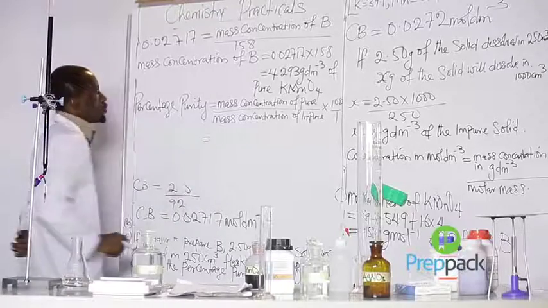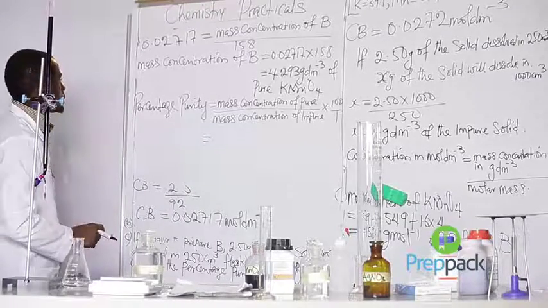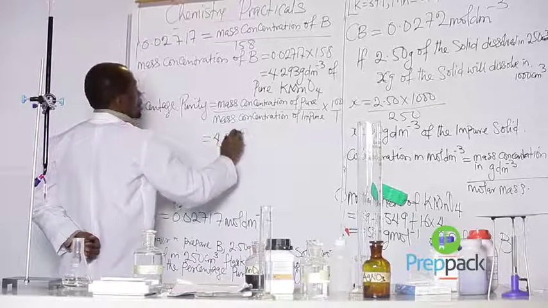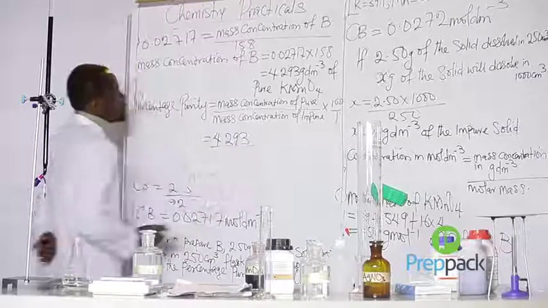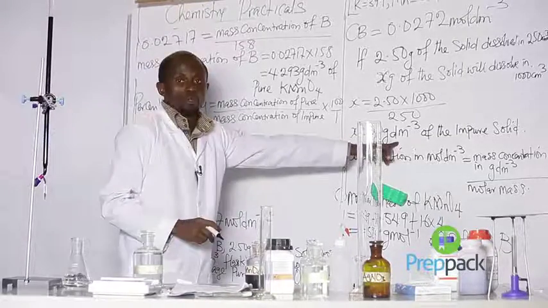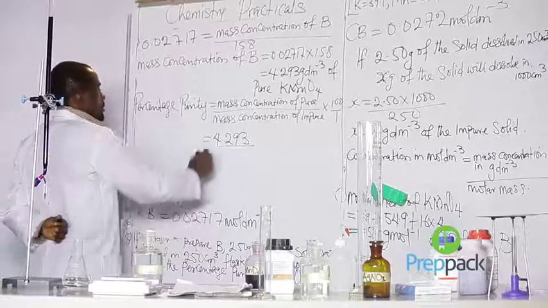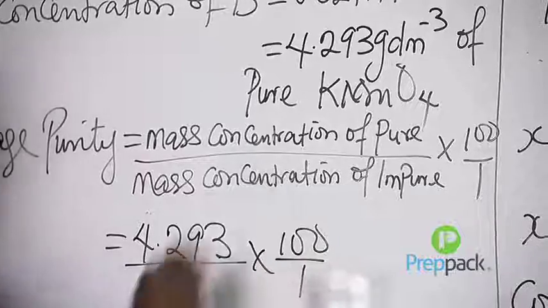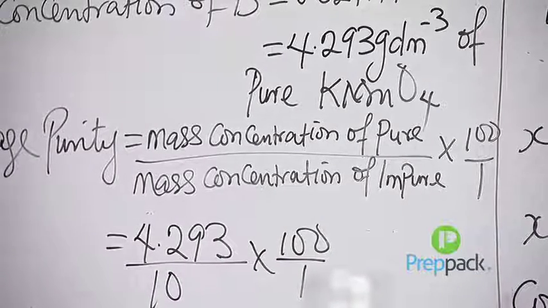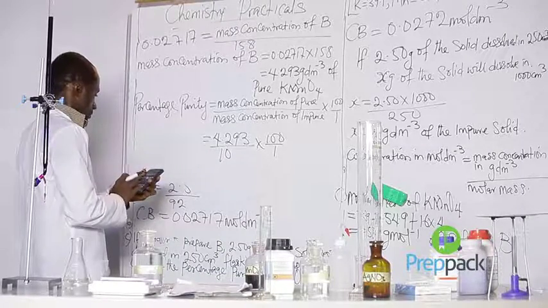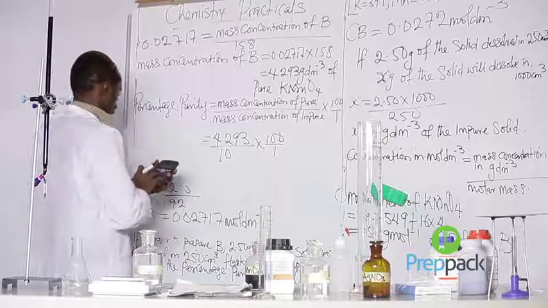The mass concentration of the pure is 4.293, over the impure, which was 10 gram, times 100, divided by 10.